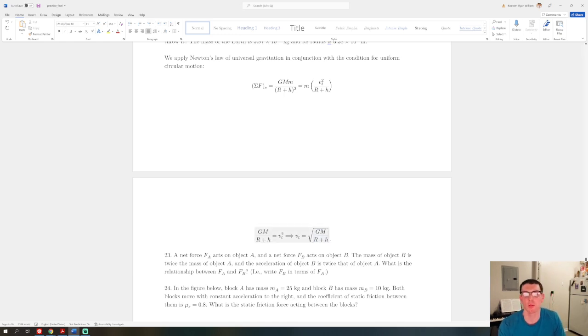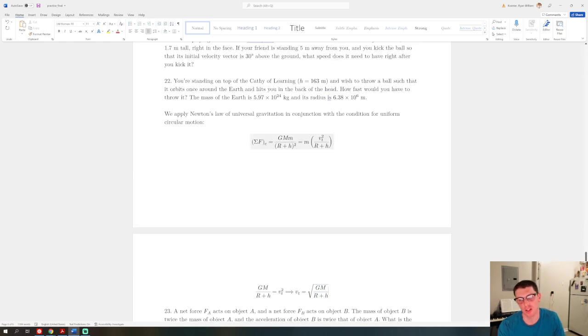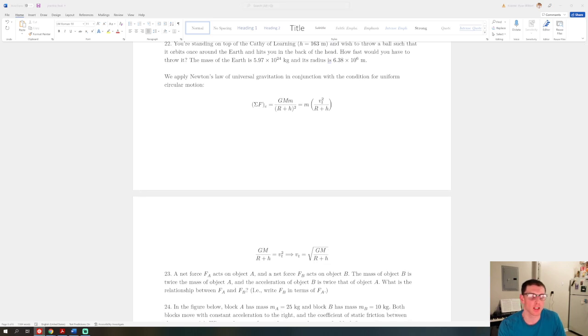And this is going to be a very large number, right? This is obviously not a realistic problem, but I thought it was kind of fun. So let's see what we get here. G is like 6.67 times 10 to the negative 11th. The mass of the Earth is 5.97 times 10 to the 24th.